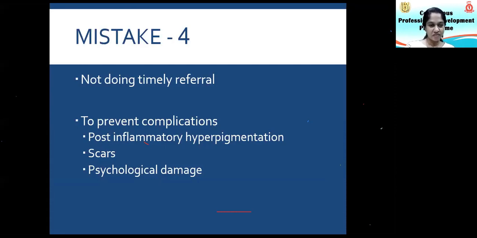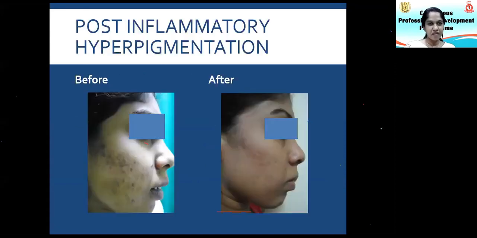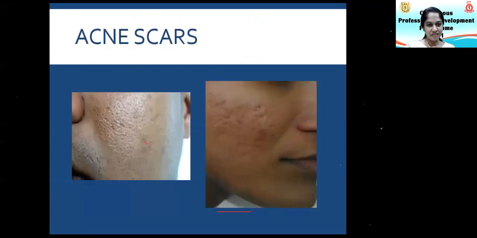Actually, out of these things, I would say scars are the most problematic because they are permanent and yet preventable. Post-inflammatory hyperpigmentation tends to go away with time, with treatments, topical or sometimes chemical peeling. But as I said earlier, scars could be permanent.